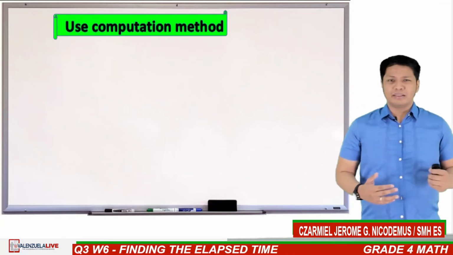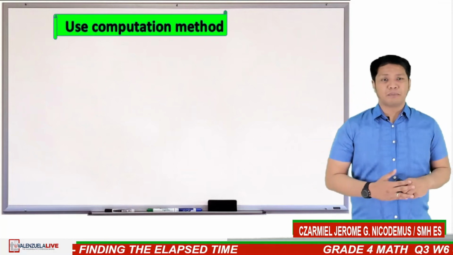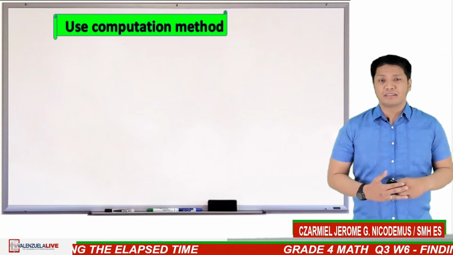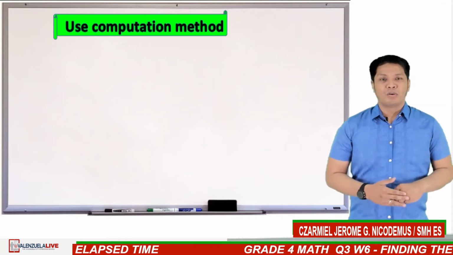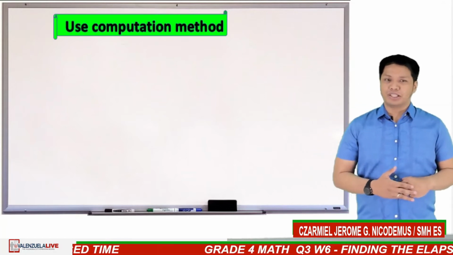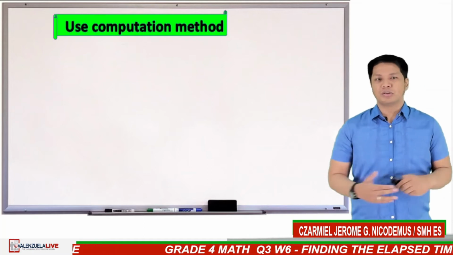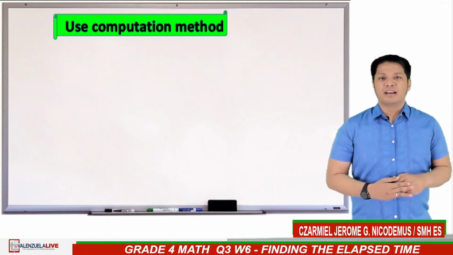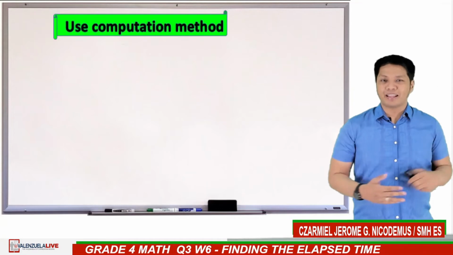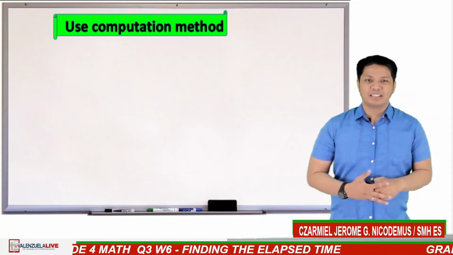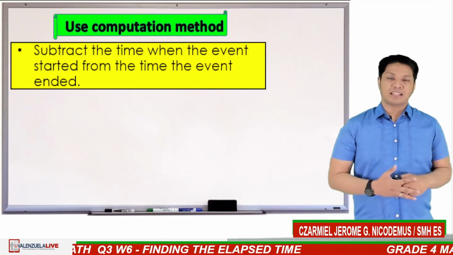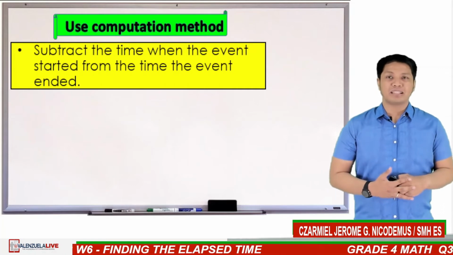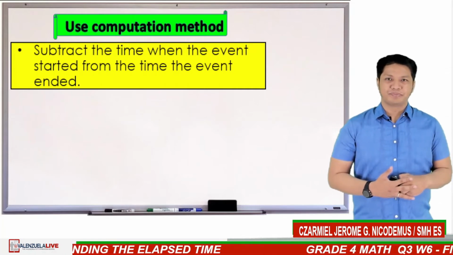Now, we can already find the elapsed time using a clock and a number line. But we can also use this computation method. Without using those two, we can find the elapsed time. We just need to subtract the time when the event started from the time the event ended.